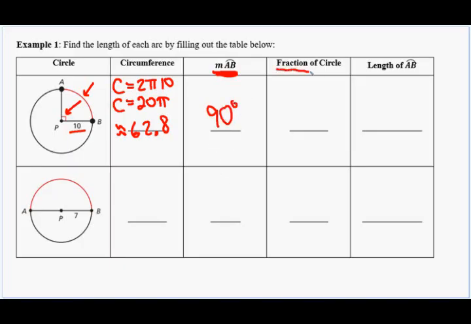So as a fraction of a full circle, this is 90 degrees out of a full 360, there's our fraction. And in this case, it can be reduced down nicely to 1/4.